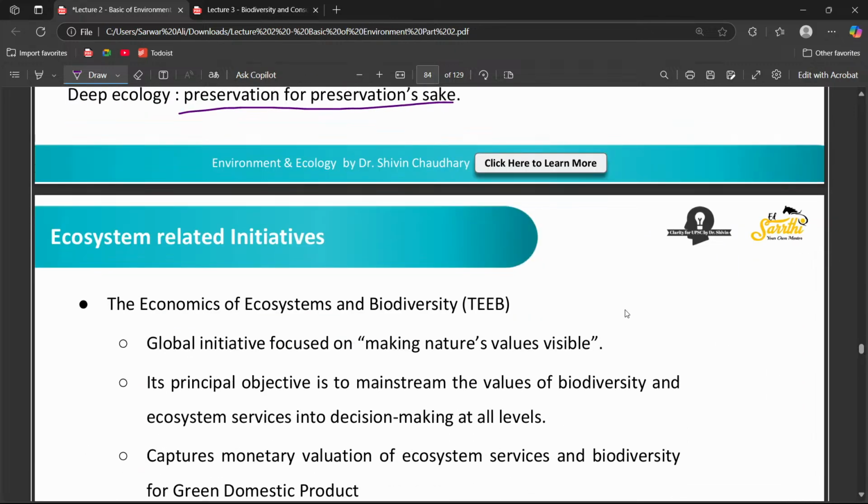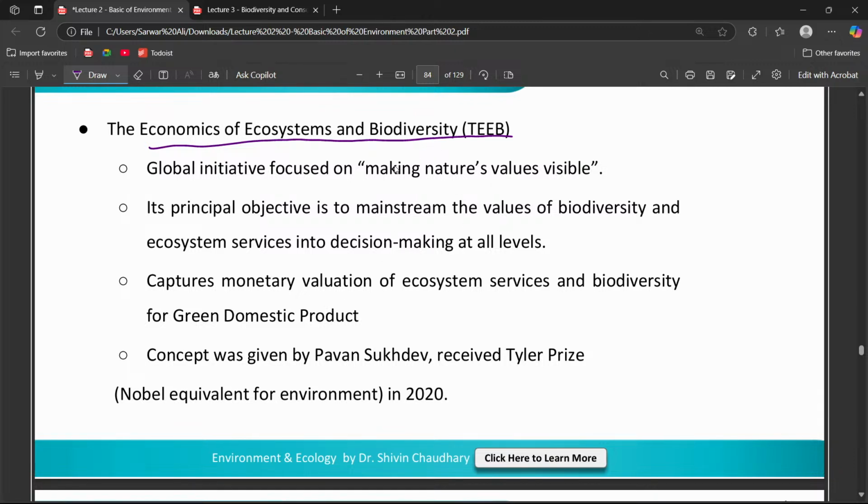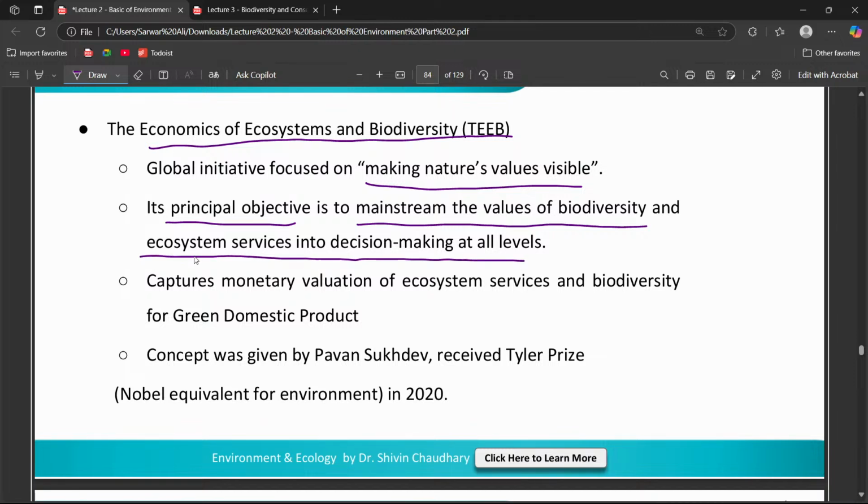The Economics of Ecosystems and Biodiversity: a global initiative on making nature's values visible. Its principal objective is to mainstream the value of biodiversity and ecosystem services into decision making at all levels. What does it mean?